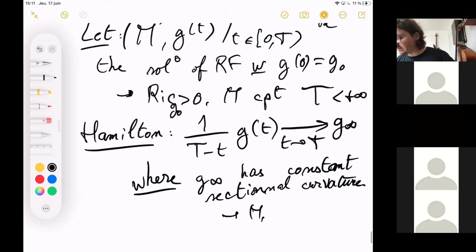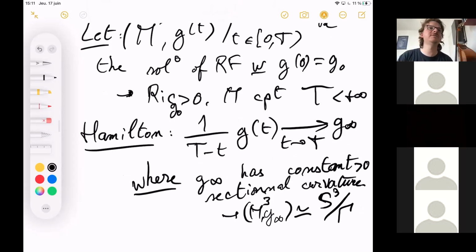And that tells you that any manifold which has constant positive sectional curvature is diffeomorphic to a quotient of the sphere. And so once we do that, we're okay.